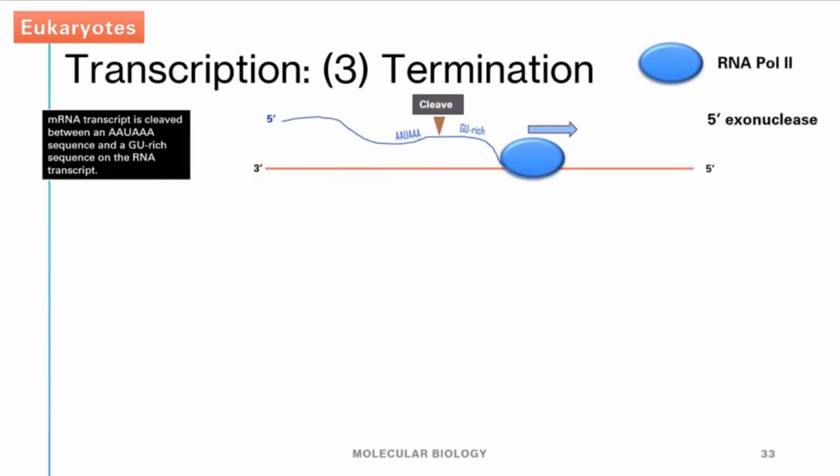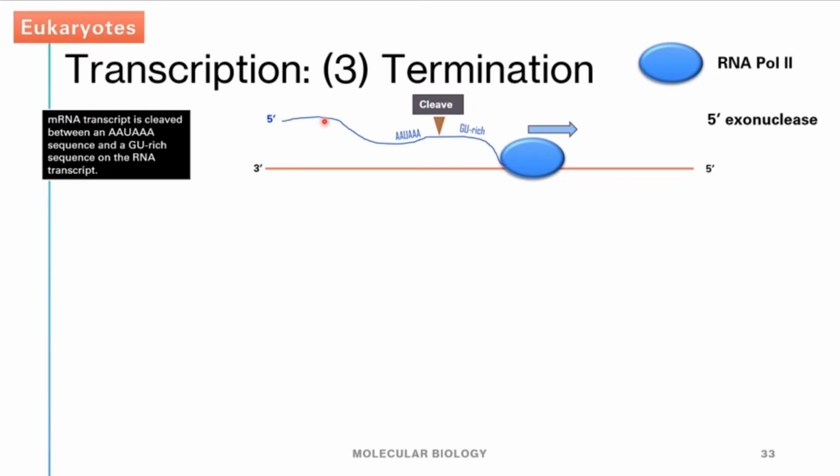Let's take a look at this animation. In this picture, the red thing is the DNA template, and we have a round RNA polymerase II reading along the DNA template, and the blue RNA is being generated.